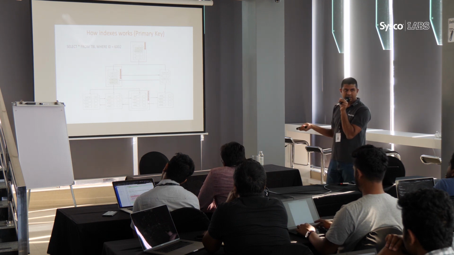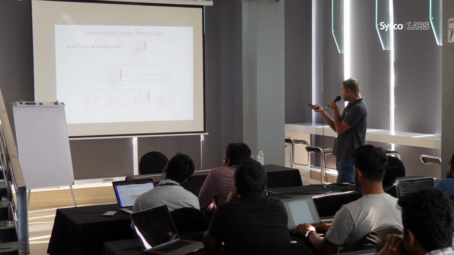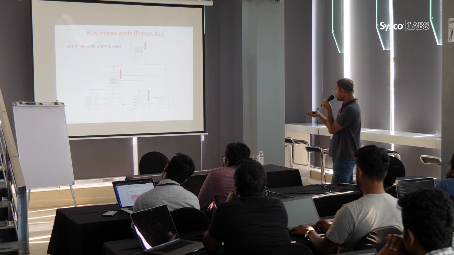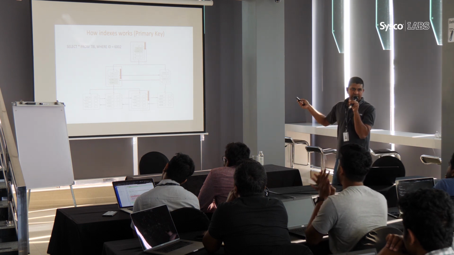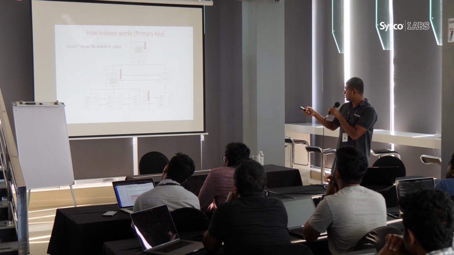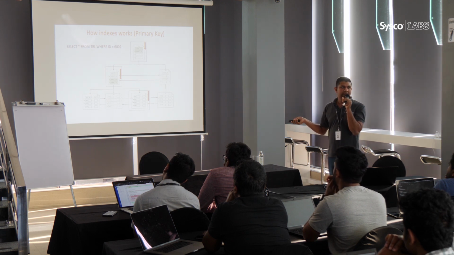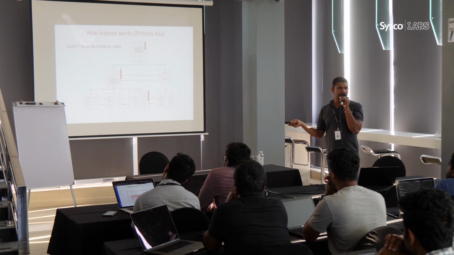So in this case, up to, let's say, 2 million records, the depth is 2. You just have to read 3 page files to find that particular record.